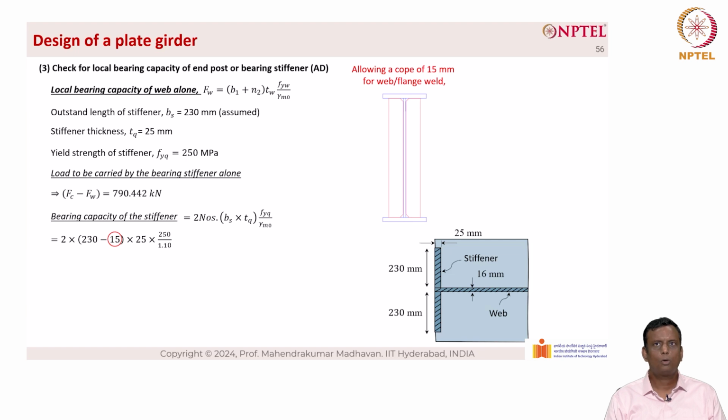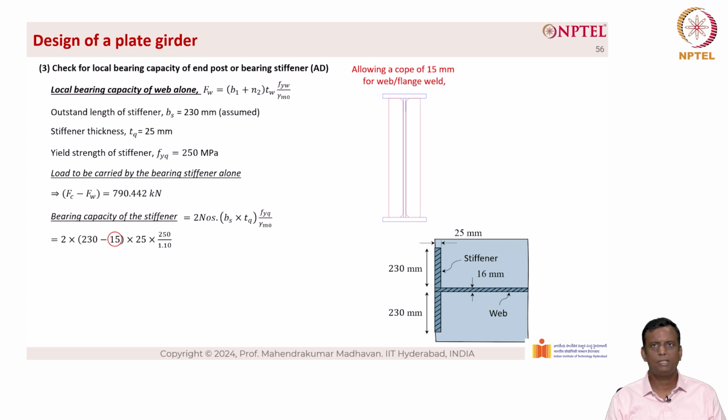We need to allow for a cope so that at the web flange junction at that location, there is no issue with the welding that is taking place between the flange and the web. So you look at the figure on the right hand side, you have a top flange, a bottom flange, both connected by the web, and there is a stiffener shown as a red plate on either side of the web.